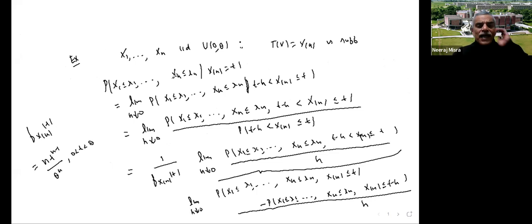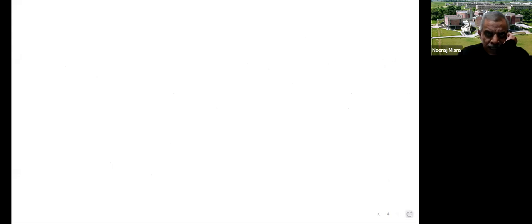Now one can also find the PDF directly. What is the definition of a PDF? Let me call it, one has to find directly the PDF. Let's look at f of x1, x2, up to xn, t.